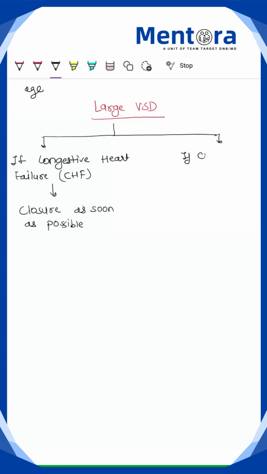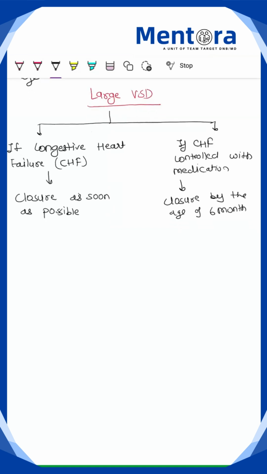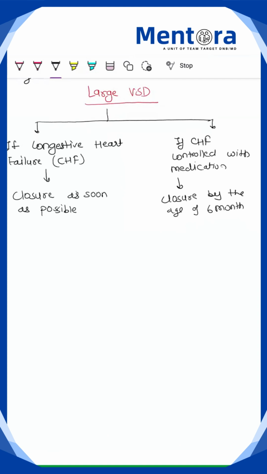But if CHF is controlled with medication, then closure by the age of 6 months. They will definitely need closure, but if CHF is controlled, we can wait till the age of 6 months.